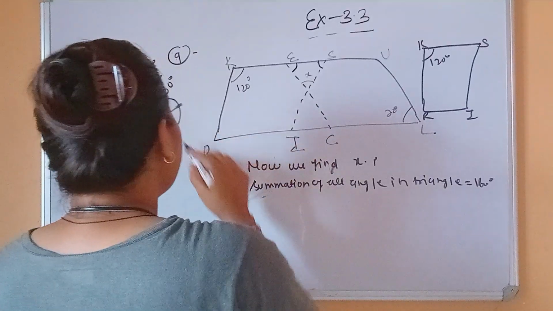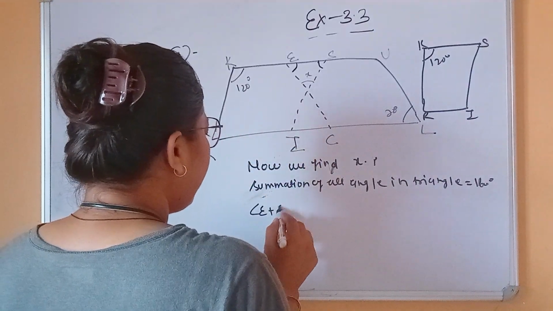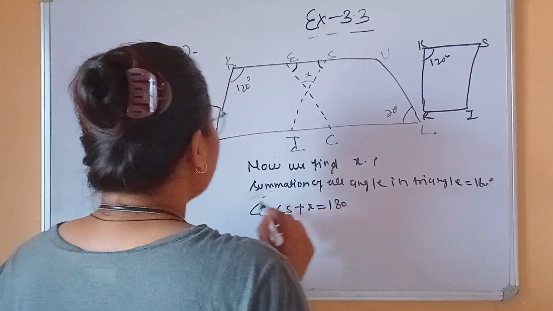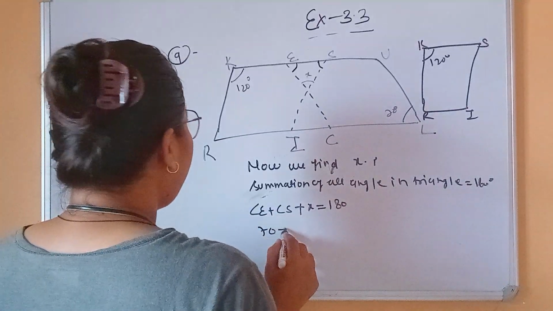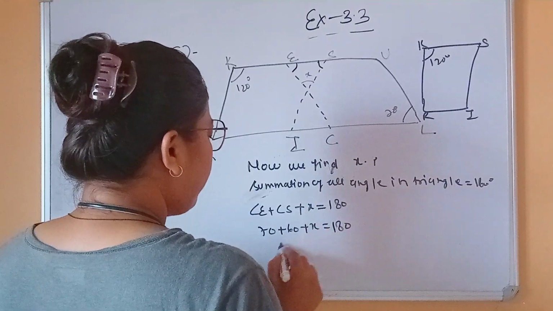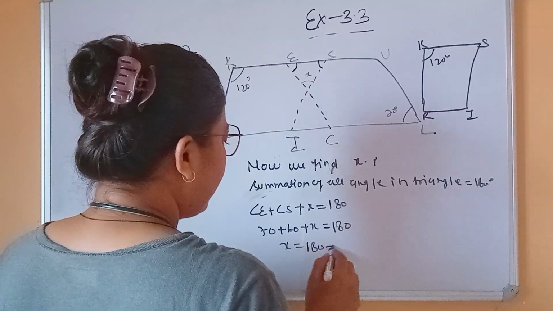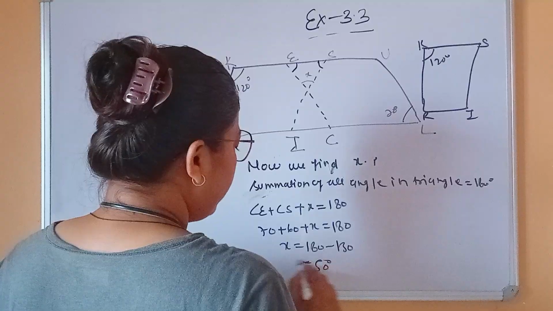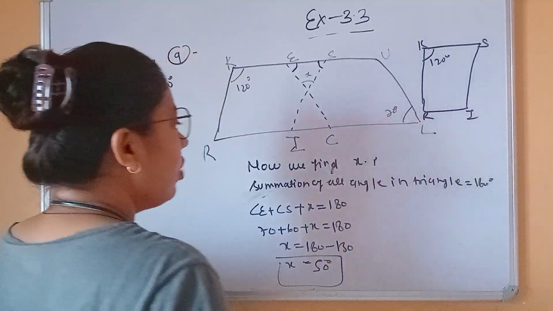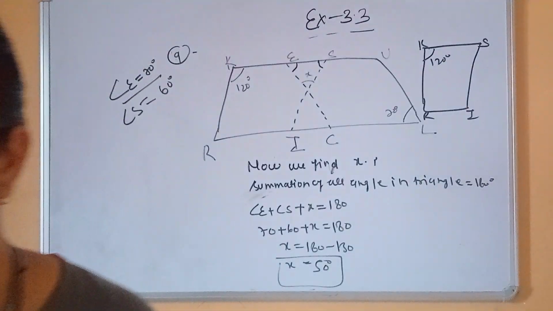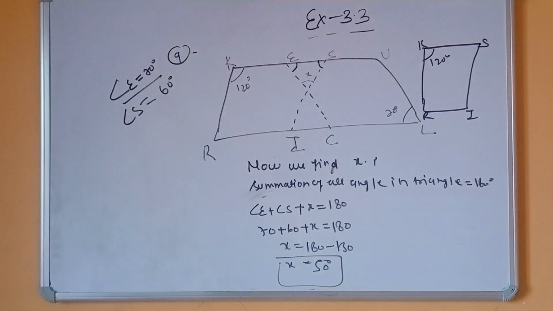So here angle E plus angle S plus X is equals to 180 degree. So angle E is given 70, angle S is given 60 plus X is equals to 180 degree. So here find X is equals to 180 minus 70, 60 is 130. So here X is equals to 50 degree. So finally we find value of X. X is equals to 50 degree. Then first you write, then you understand. Next question.